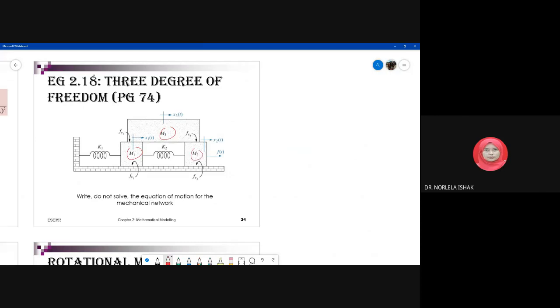So they call it 3 degrees of freedom. So from here you have to derive the equation 3 times, meaning we have 3 equations related to 3 meshes. Okay, so this is also your homework. Boleh tak? But tak perlu solve lah. You just do this one.